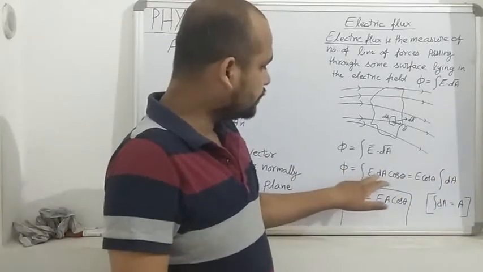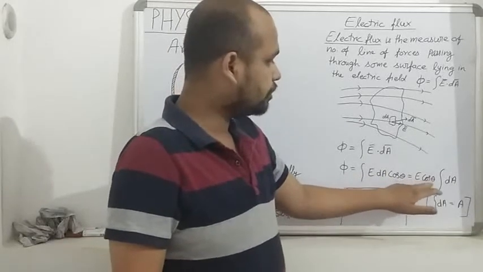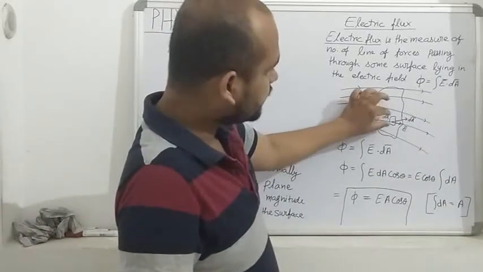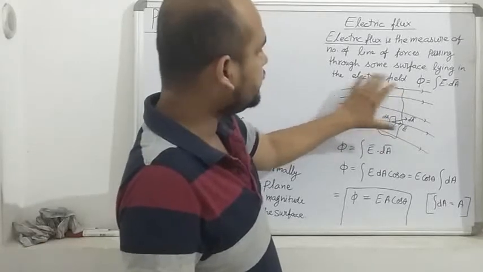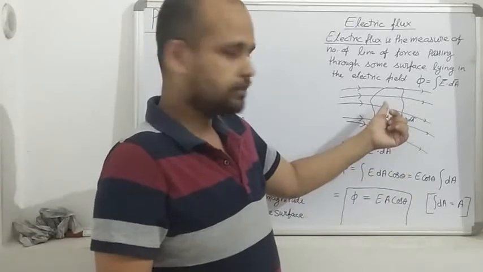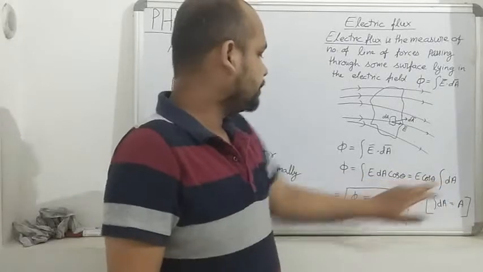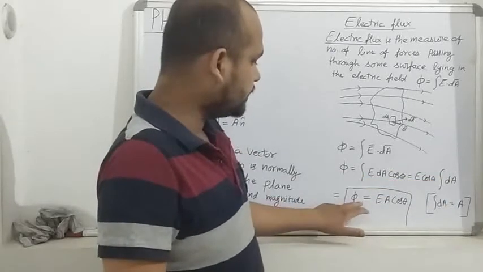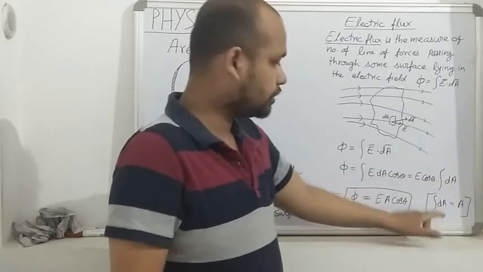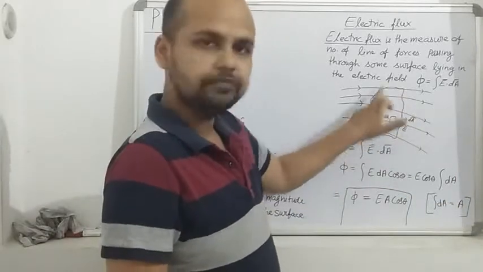So phi is equal to integral E dA cos theta, which will be further written as E cos theta integral dA. And as I have told you, when you keep on integrating this dA, finally it will give us the total surface area of this surface, that is A. So integral dA will be equal to A, where A is the total surface area of this surface.